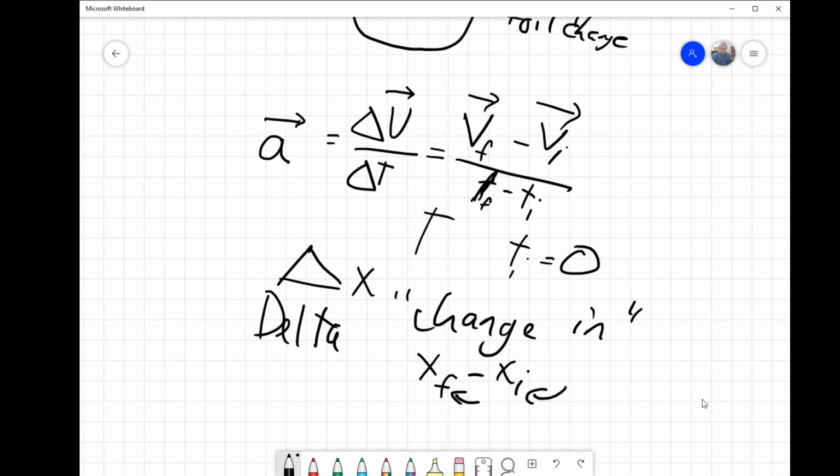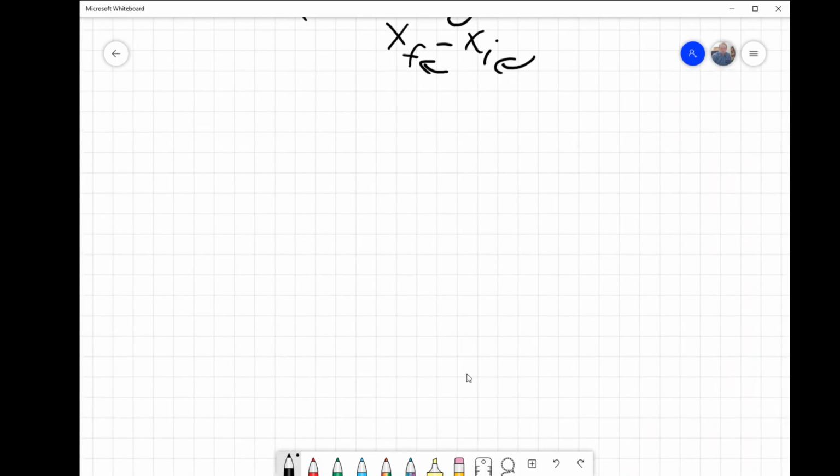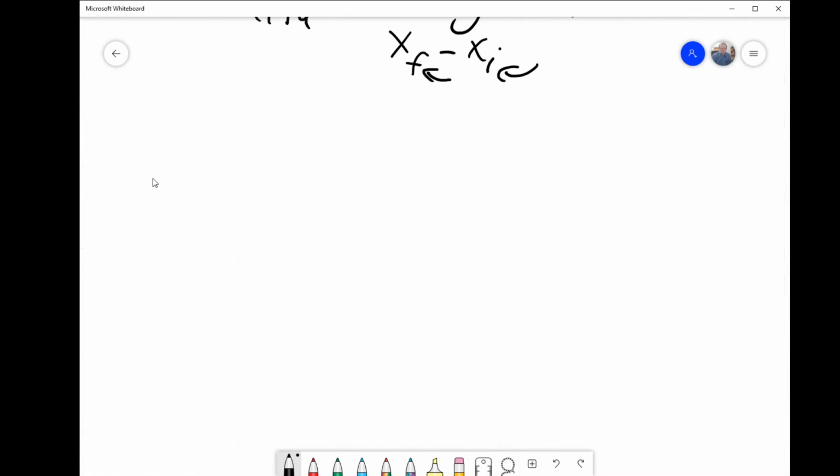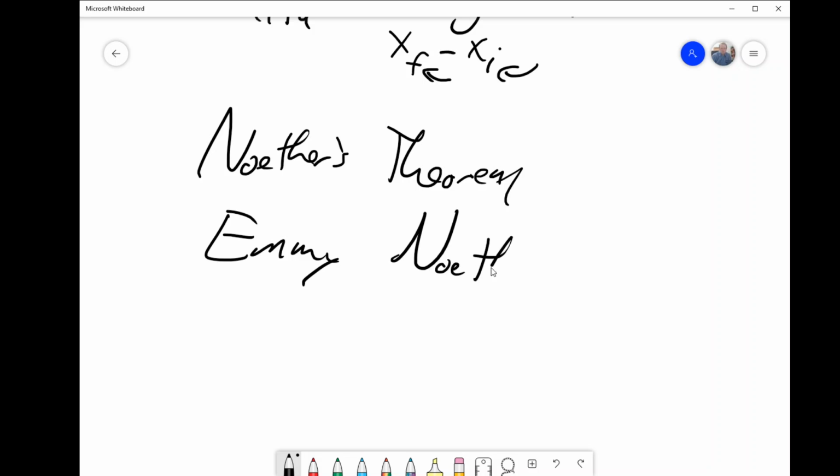That's one of the gauge freedoms we have, which as a side effect leads to conservation of energy through something called Noether's theorem. This part is not actually in the curriculum, but Emmy Noether was an incredible mathematician.